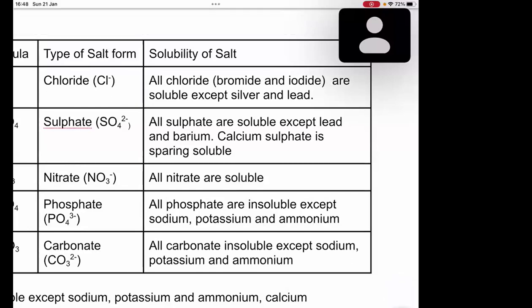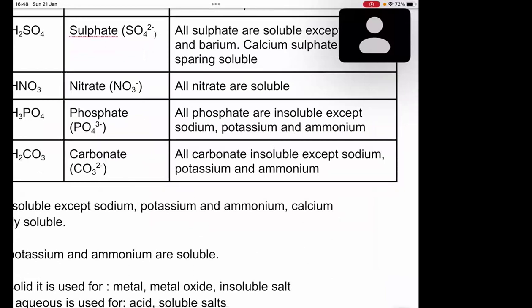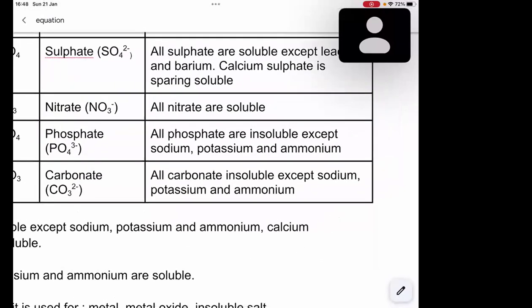Barium sulfate is not soluble. Lead sulfate is not soluble. So if we write those in an equation, we have to use an S. All nitrates are soluble, so we generally are not going to use S for nitrates unless we're looking at a decomposition reaction. Every phosphate, so lead, zinc, barium, iron 2, iron 3, copper phosphate, those are insoluble, so we'd use an S for those substances.